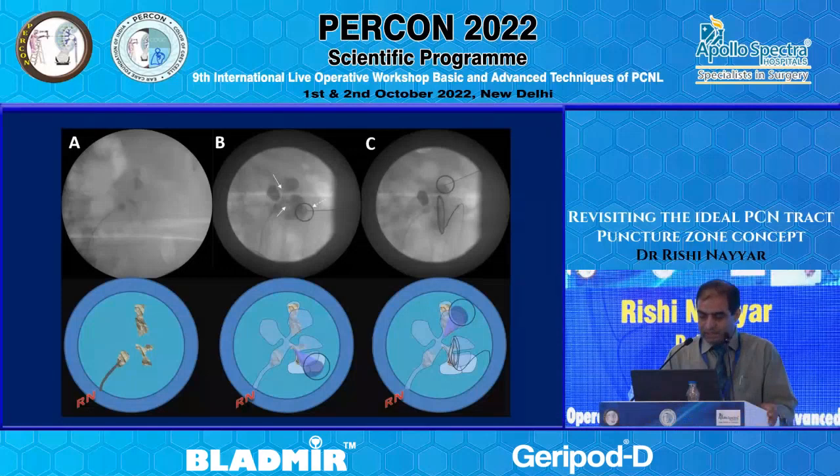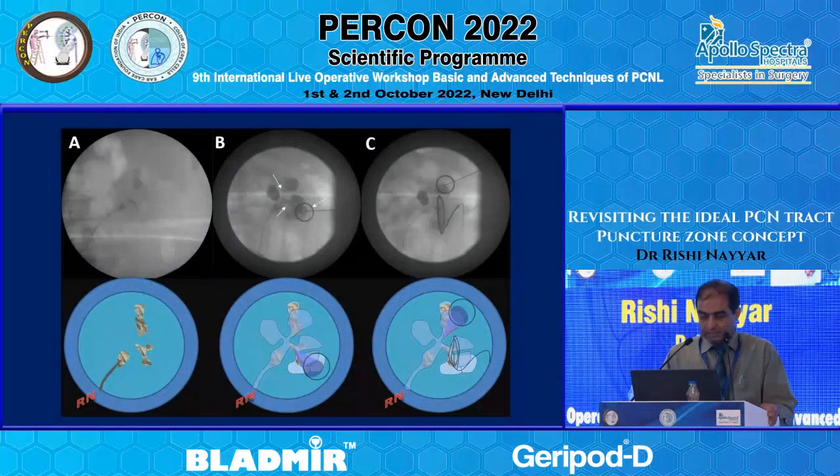Keeping in mind that one tract would provide clearance to both the PUJ stone as well as the superior anterior, the upper puncture was made first, again keeping the C-arm in a cranial direction, about 5 to 10 degree tilt, and the second puncture was then made keeping in mind that it has to provide clearance in a tri-radiate fashion. So this puncture was made in a dead 0 degree orientation.